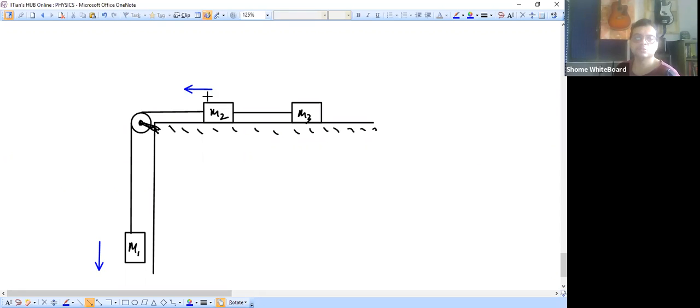So whatever distance M2 moved towards the left, M3 also has to move identically towards the left. So if they move identical displacements, their velocities will be identical. So will their accelerations. So M2 and M3 have identical accelerations, whereas M1, we can't say identical acceleration because acceleration is a vector, but it has the same magnitude of acceleration downwards as the leftward acceleration of M2 and M3. Okay, so that is the first point to understand over here.